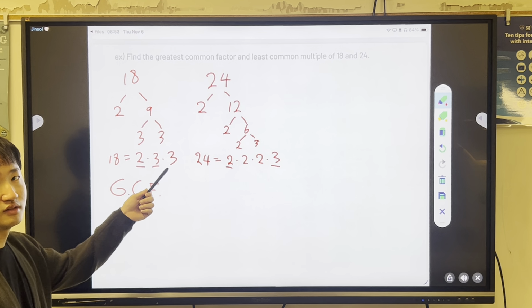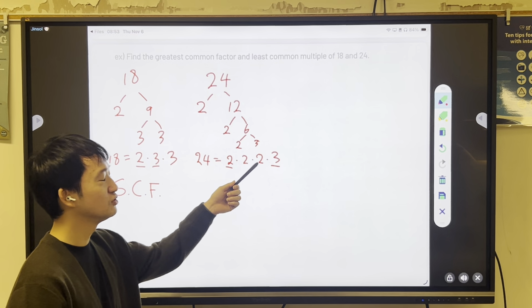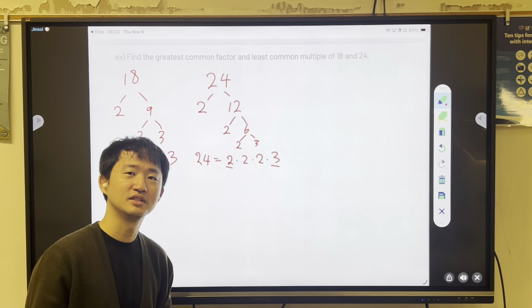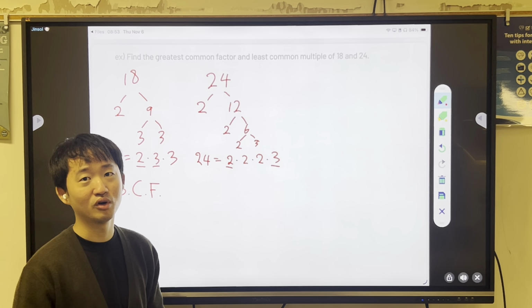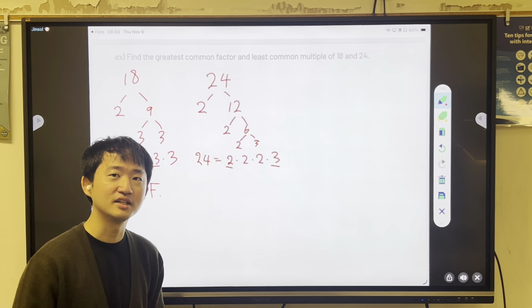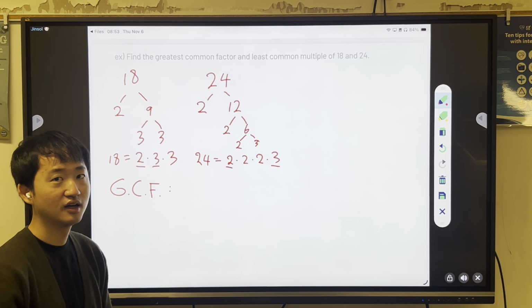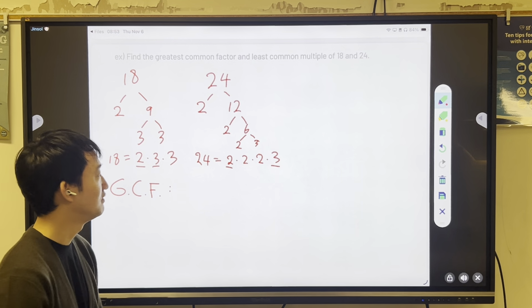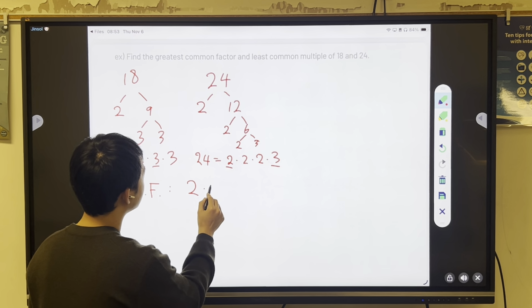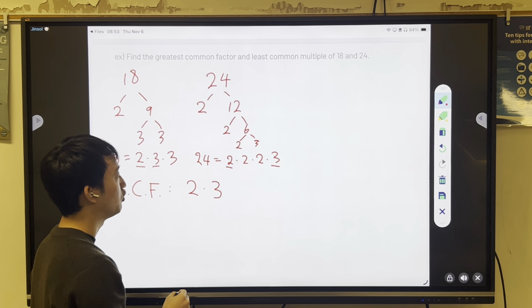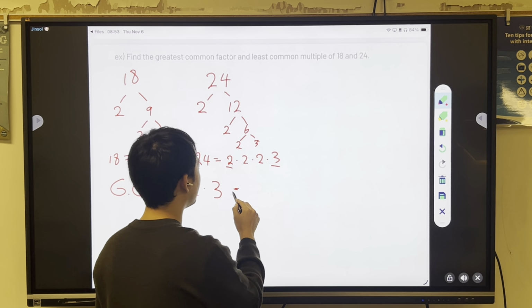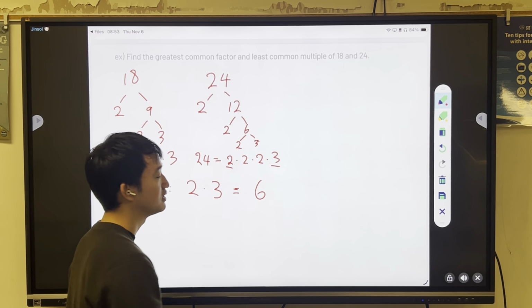Now 18 has a 3 left, and 24 has 2 and 2 left. At this point, they don't have any more common factors. So I think that's the greatest common factor that we've found. Let's collect the common factors that we have found. That's 2 times 3, the underlined ones. Therefore, the greatest common factor is equal to 6.